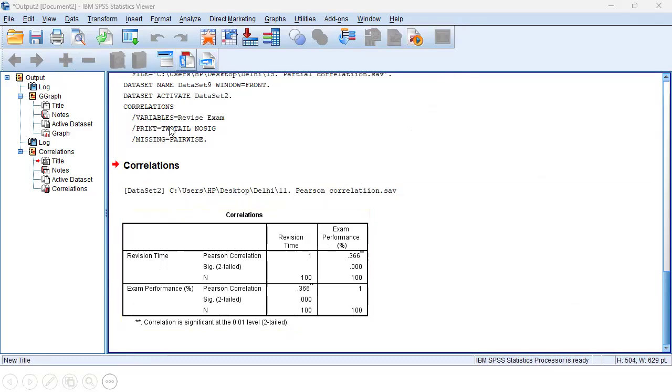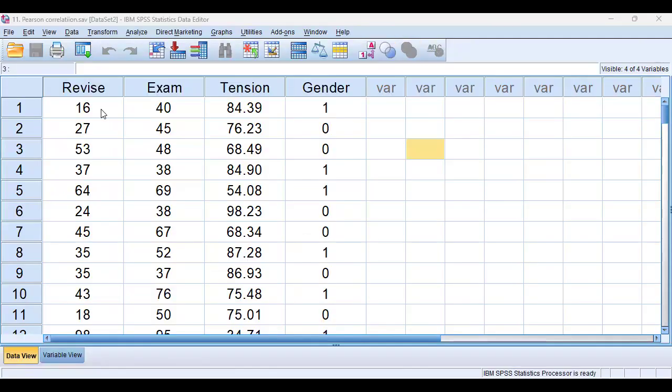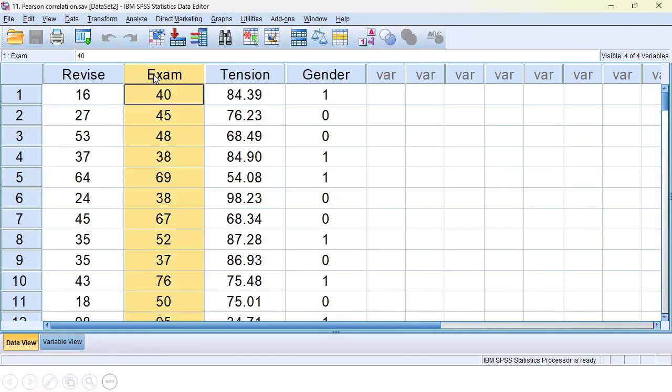There is the relationship between two variables, the one variable exam performance and another exam tension. Here we want to know whether the relationship between exam performance and tension is positive or negative. So how will we do it?